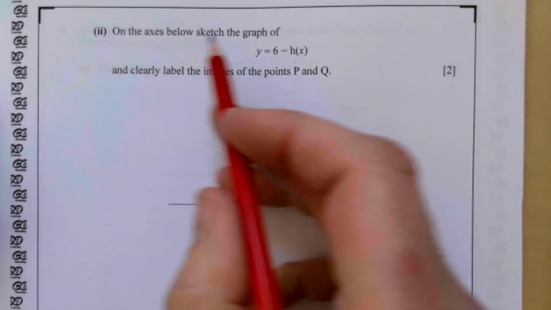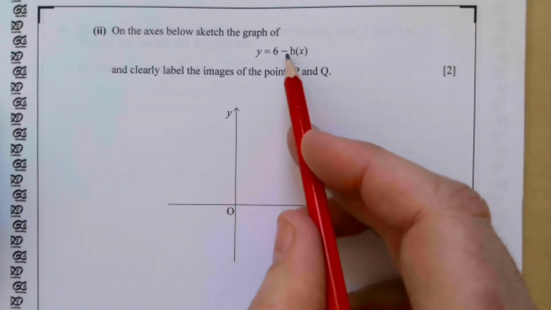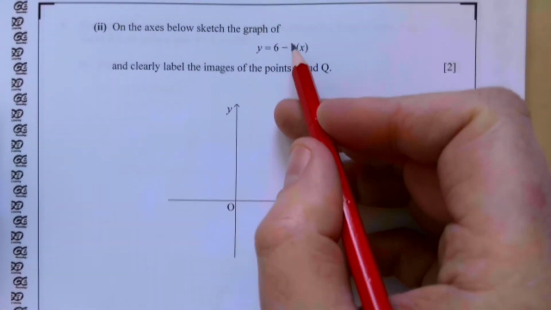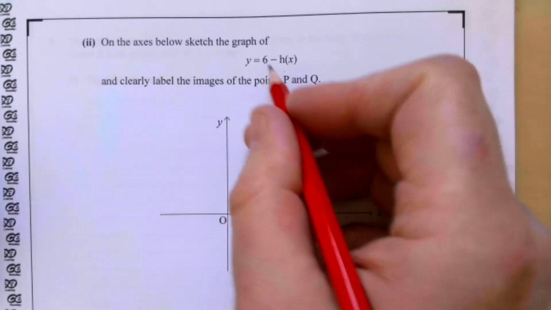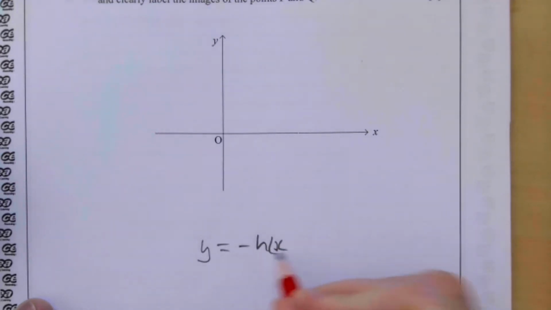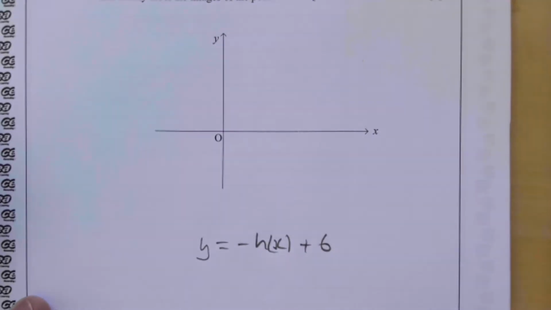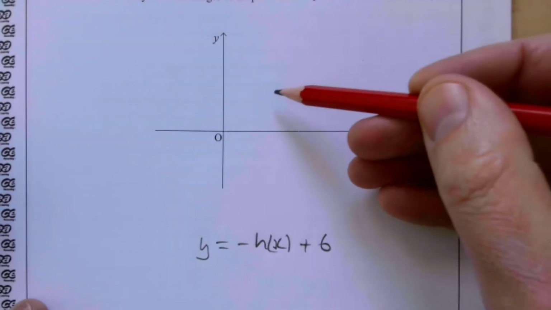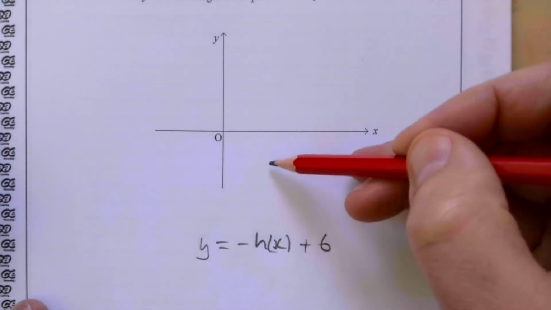Part 2 then, on the axis below, sketch the graph of y equals 6 minus h of x. Clearly label the points. Now this is a different kettle of fish here. First of all, I'm going to rearrange it because I don't like the way it looks. So y equals minus h of x plus 6. This minus here reflects it in the x-axis.